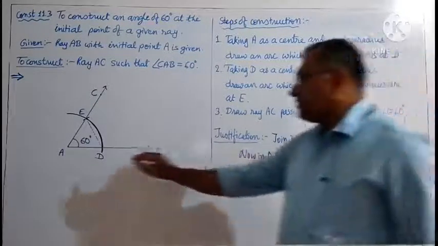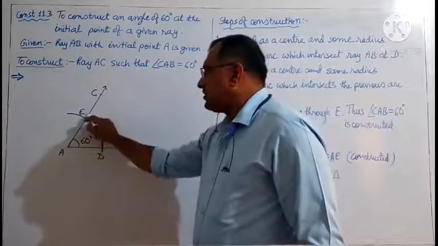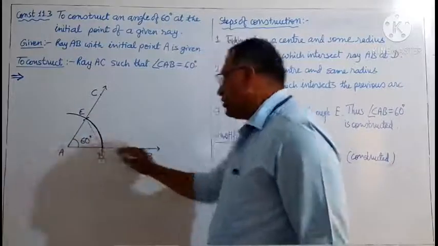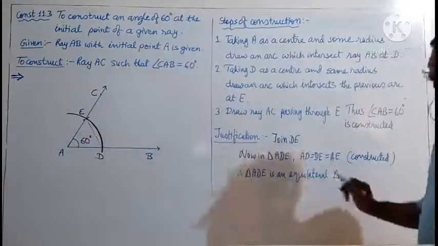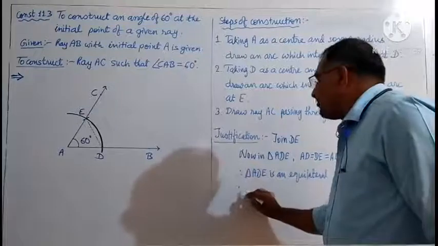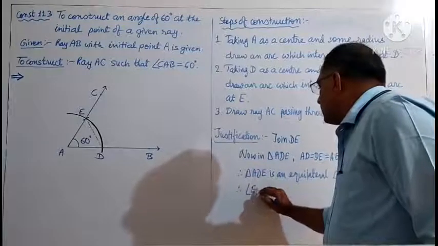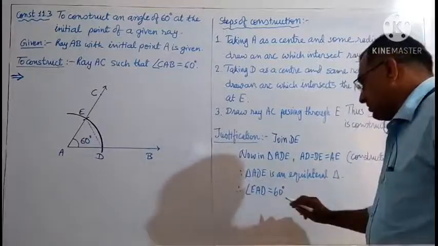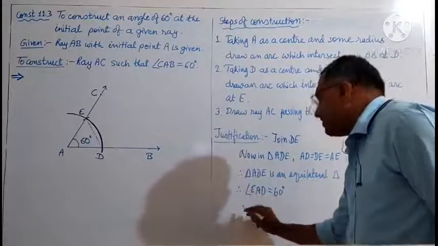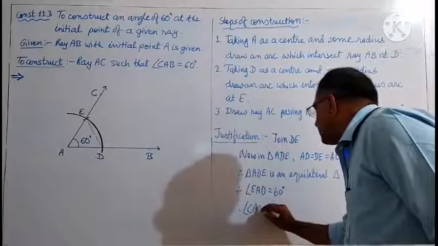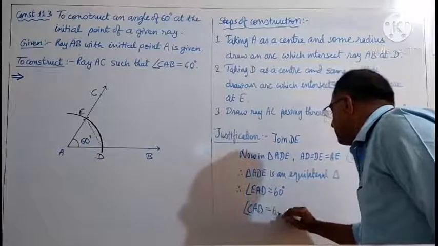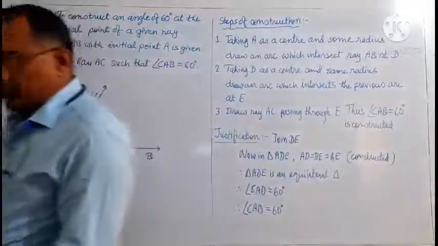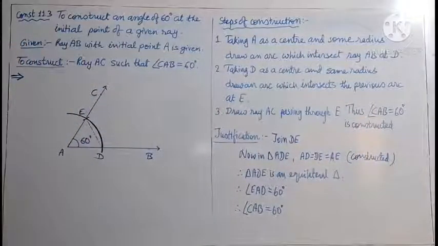So all the three are equal, and therefore angle EAD is equal to 60 degree, and therefore angle EAD, same as angle CAB, is also 60 degree. So this way we can justify that the angle constructed is 60 degree.